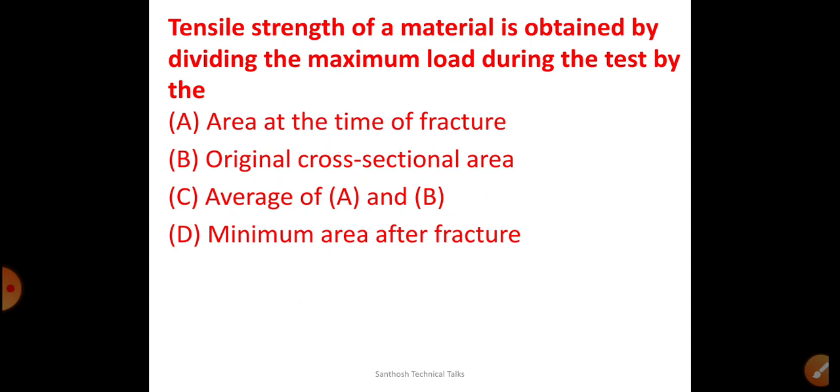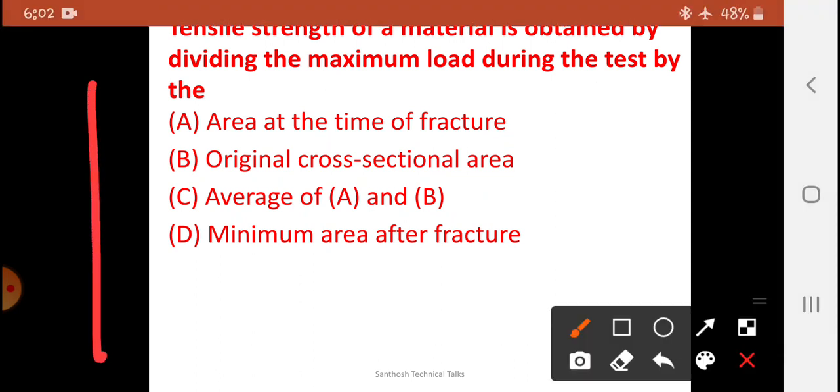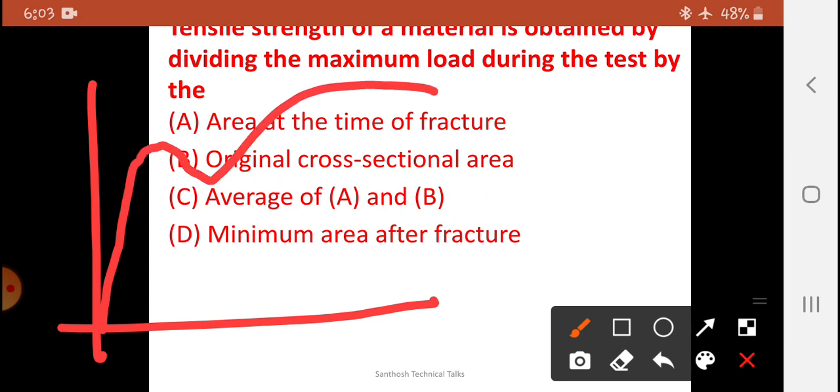The tensile strength of a material is obtained by dividing the maximum load during the test by what? In the stress strain diagram, let me consider an example for mild steel. This is the tensile strength.